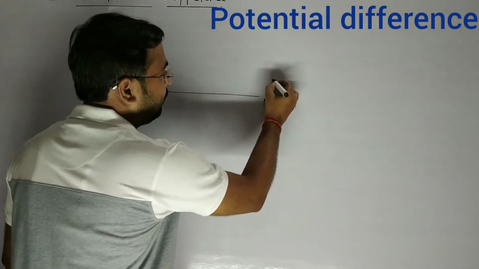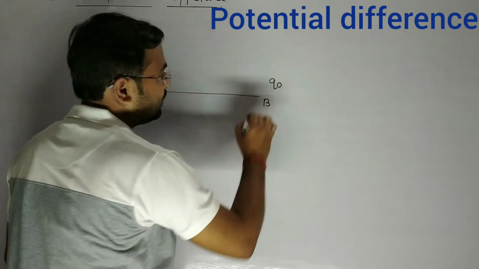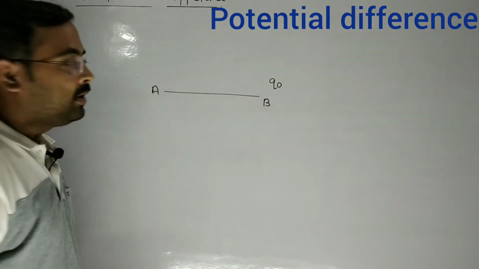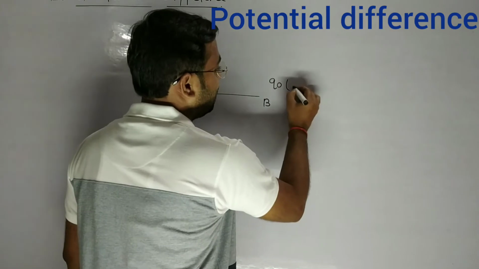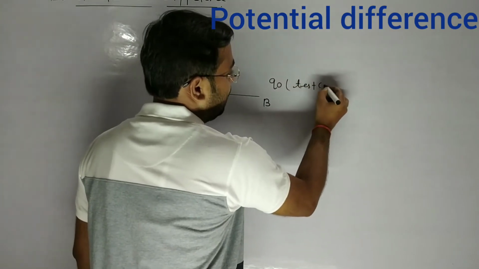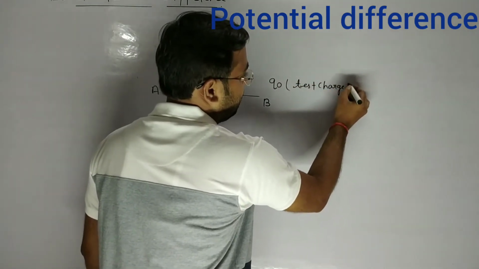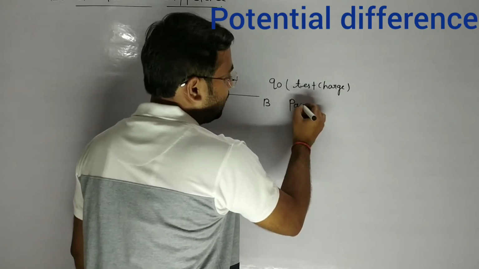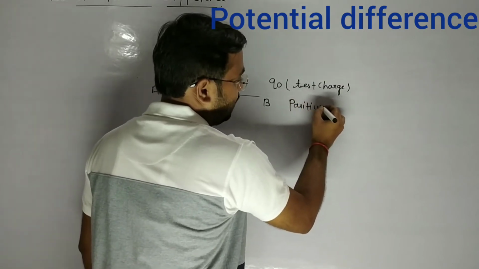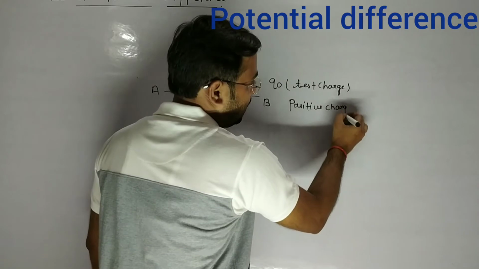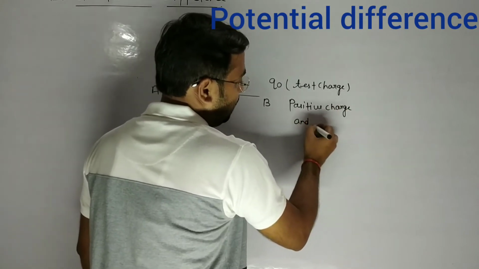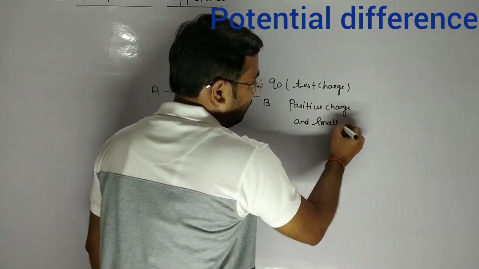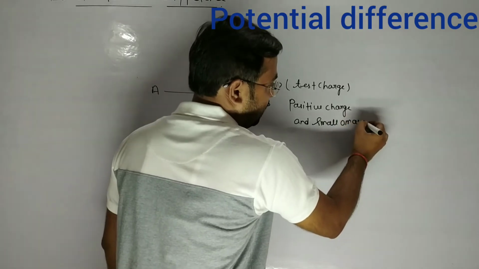At point B, a test charge Q naught is placed. A test charge means a positive charge and a small amount of charge.